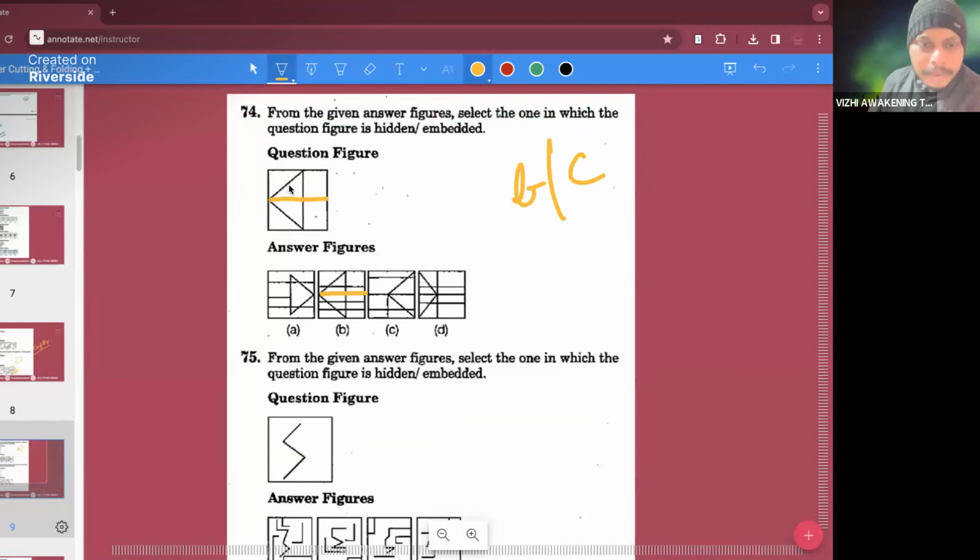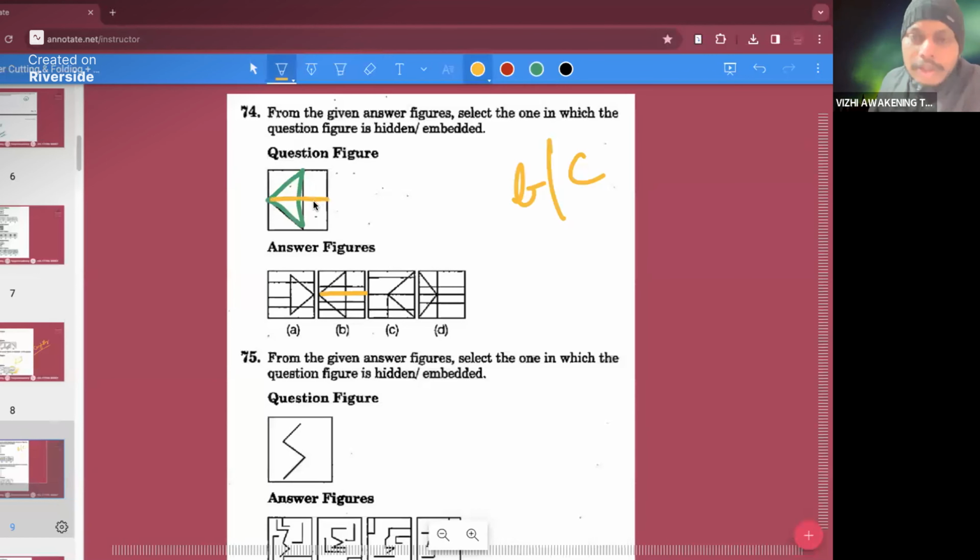Some of you might look at this figure and think that you have to think only of this triangle, and you will simply forget to think about this line. Let me draw it for you.